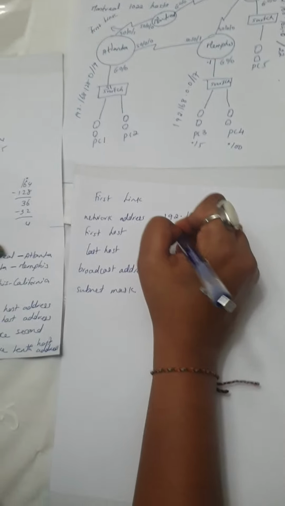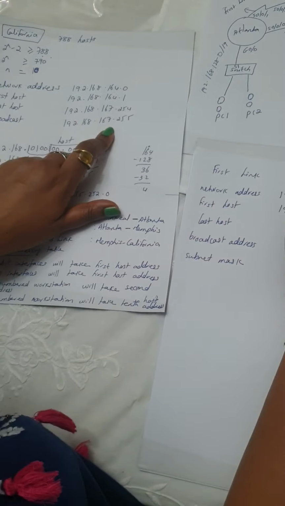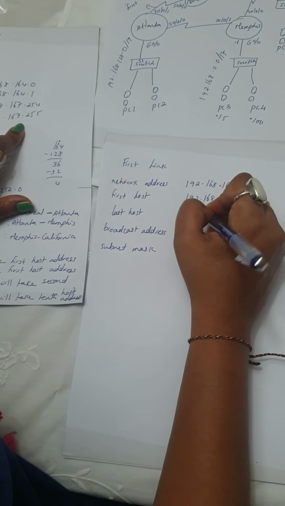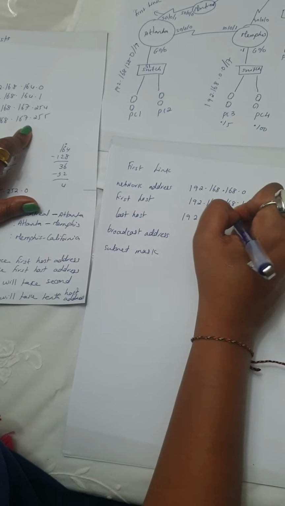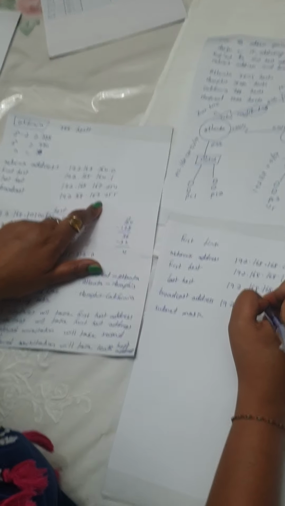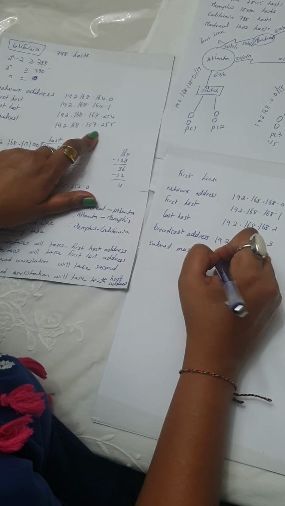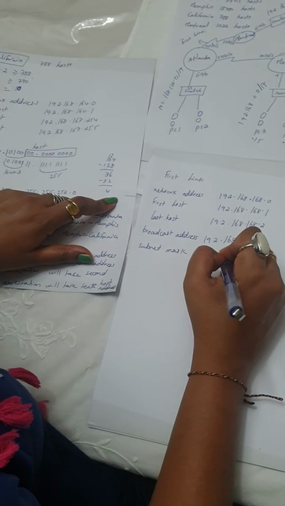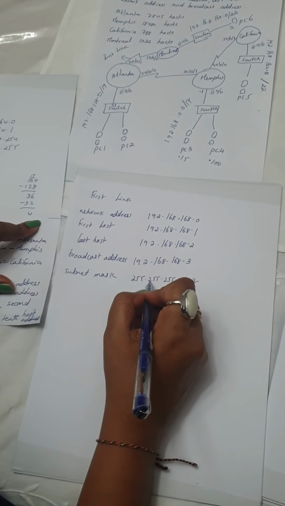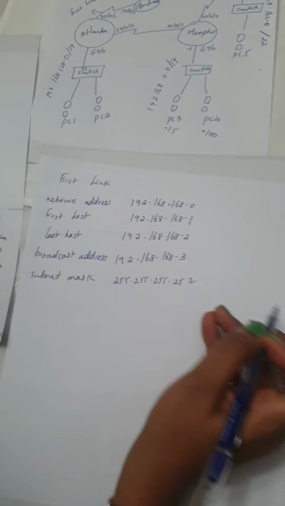So the network address is 192.168.168.0, first host 192.168.168.1, last host 192.168.168.2, broadcast 192.168.168.3. And the subnet mask, because only two host addresses are needed for links, is always 255.255.255.252.